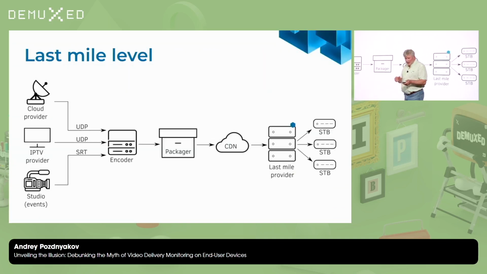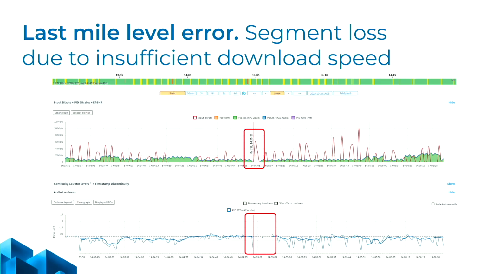So, and actually, last mile level. Here the two main problems can appear: segment loss, not enough available bandwidth, or maybe a set-top box problem.